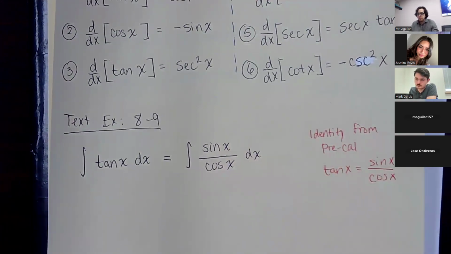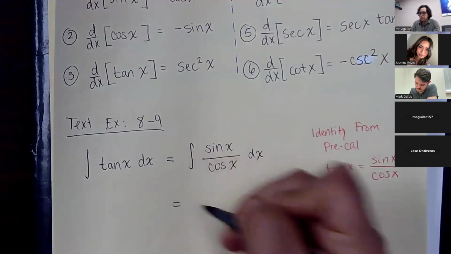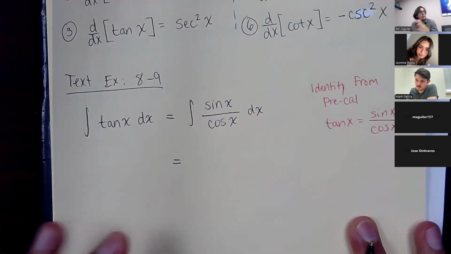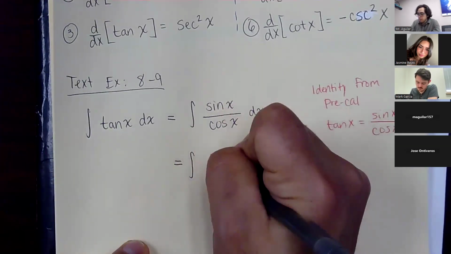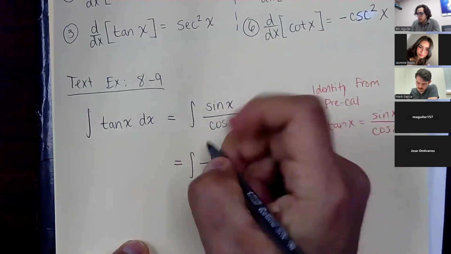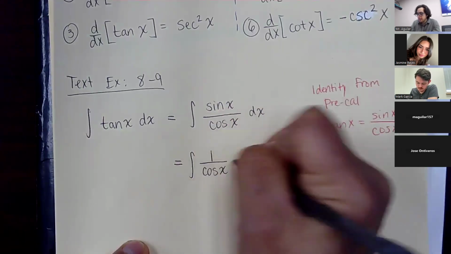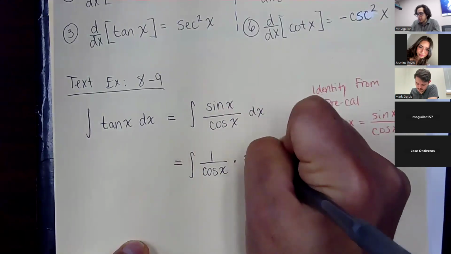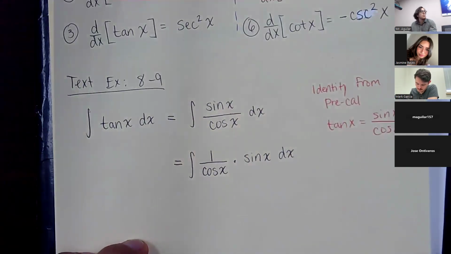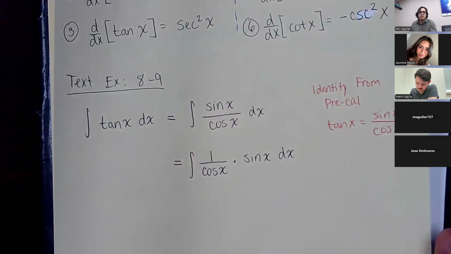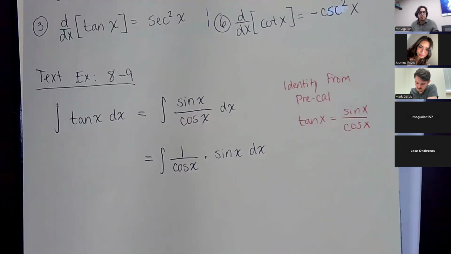Okay. And then once we have that, we can do that trick where we're splitting off the numerator and the denominator into 1 over cosine x times sine x dx, right? Because we're setting ourselves up now to use that u substitution that we saw before, okay?